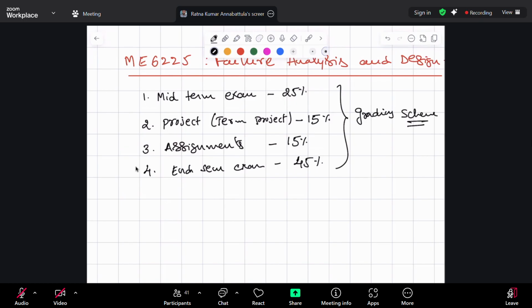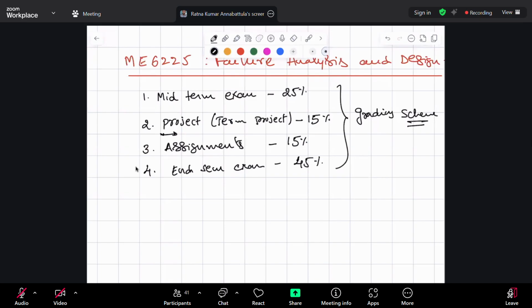The project we will most likely decide. I will give you a time frame during which you will think about what project you are going to do, and then you will send me the concept of your project or the title of the project and what you are trying to achieve through that project as a part of the course. I would expect you to give me this information by the midterm exam.